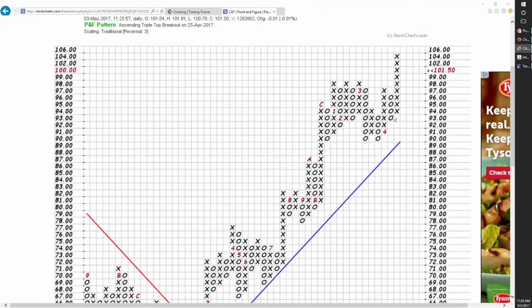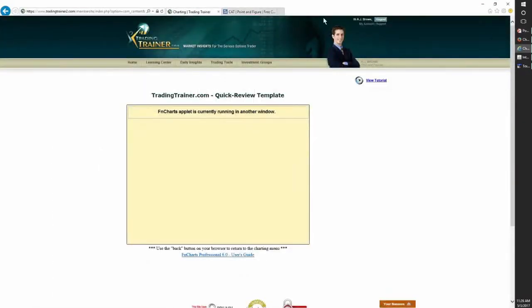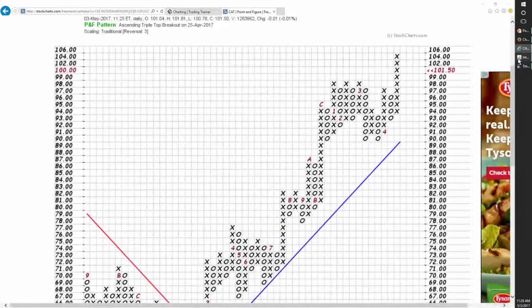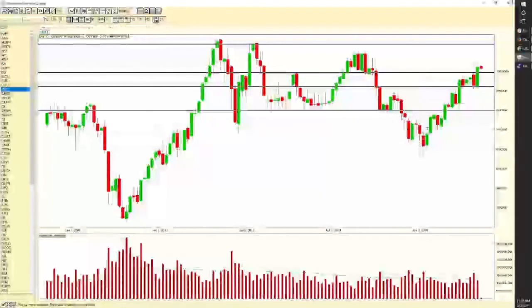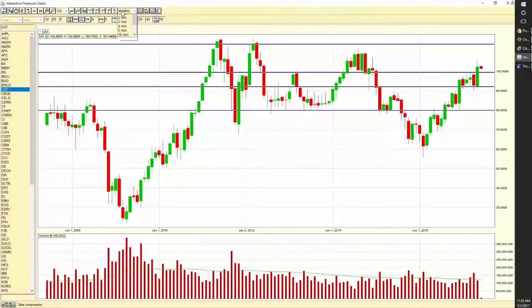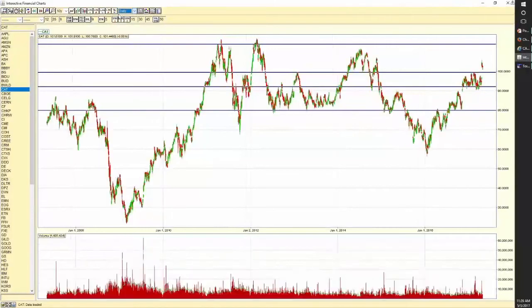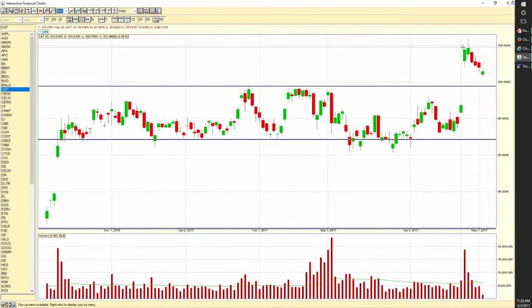charts. Now the difference with point and figure charts versus a price and volume chart is this. Let's move back to the price and volume chart for a second. On a price and volume chart, every time we get a new candle, it means that, in this case a new month, but let's go back to our daily, each bar is a new day of price action.